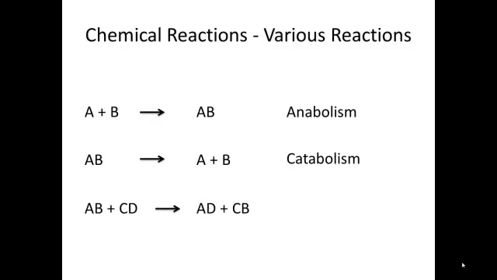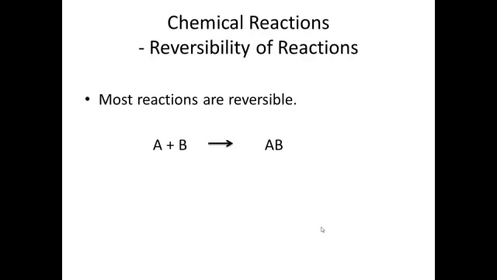And then there are the situations where we have two molecules and we switch the parts. For example, in this situation we have molecule AB and molecule CD, and we switch the B's and the D's to get AD and CB. That would be called an exchange reaction. Now, most reactions are reversible.